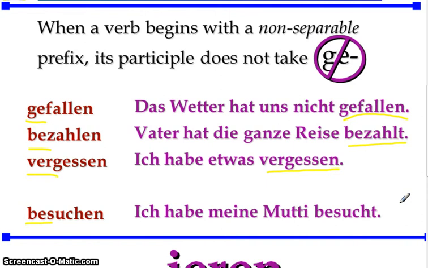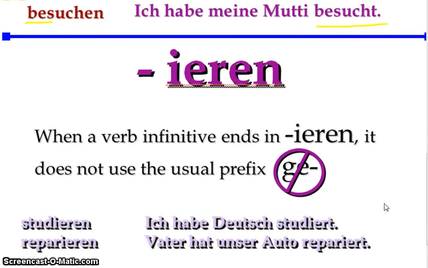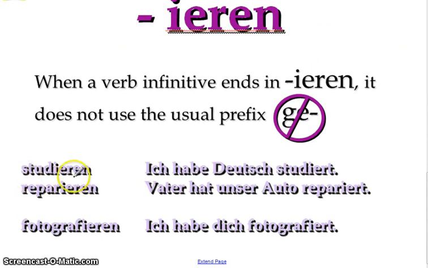So it's not vergesst or vergisst. And then besuchen, besucht. So make sure you know these. And some more examples of those using iren. Once again, don't use ge. Studieren, studiert. Reparieren, repariert. And there's fotografieren again, fotografiert.